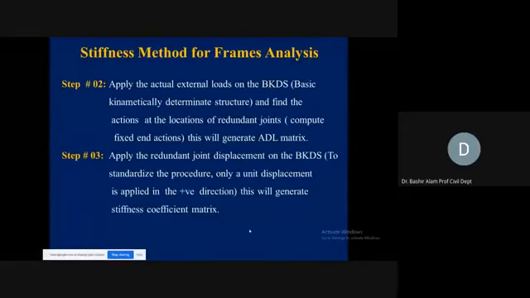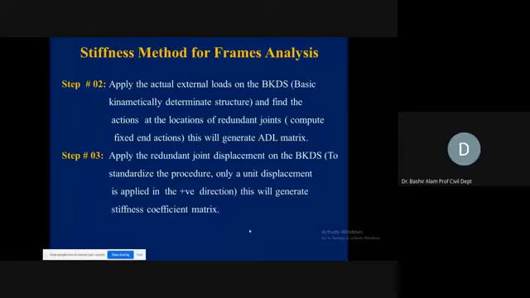Second step, apply the actual external loads on the basic kinematically determinate structure and find the actions at the locations of redundant joints, compute the fixed end actions, which will generate the ADL matrix. In step number 1, we generate the AD matrix, and in step number 2, we generate the ADL matrix.